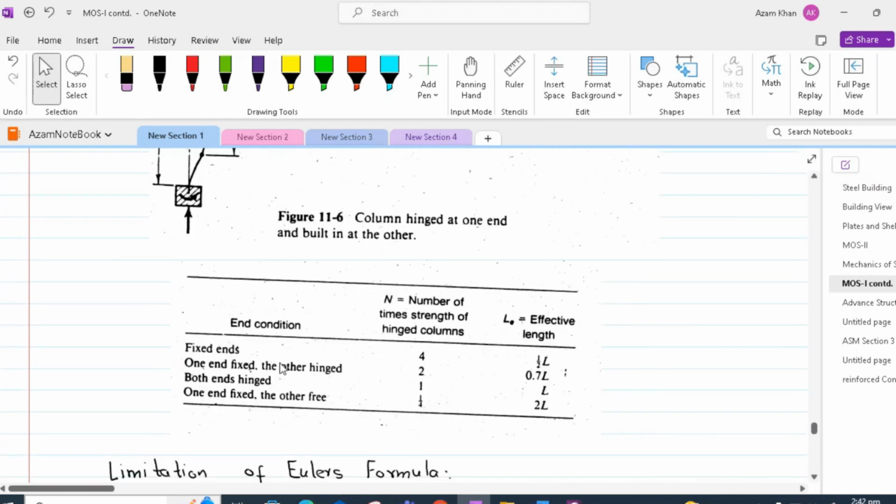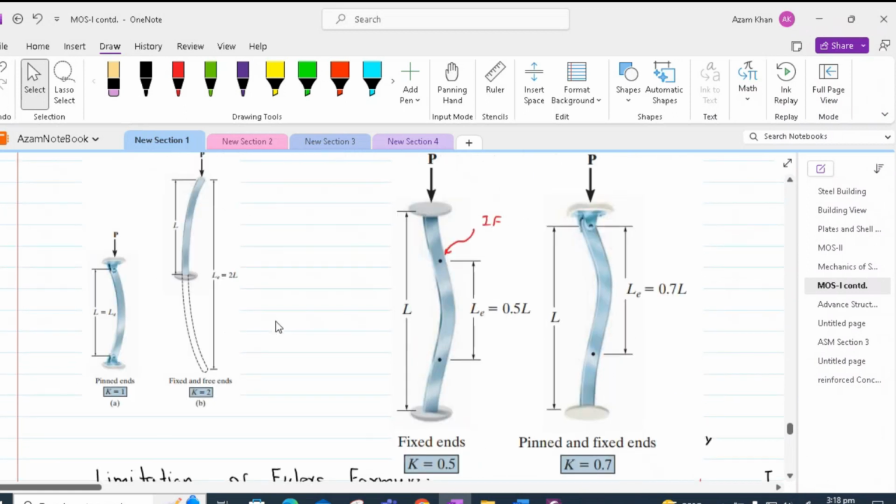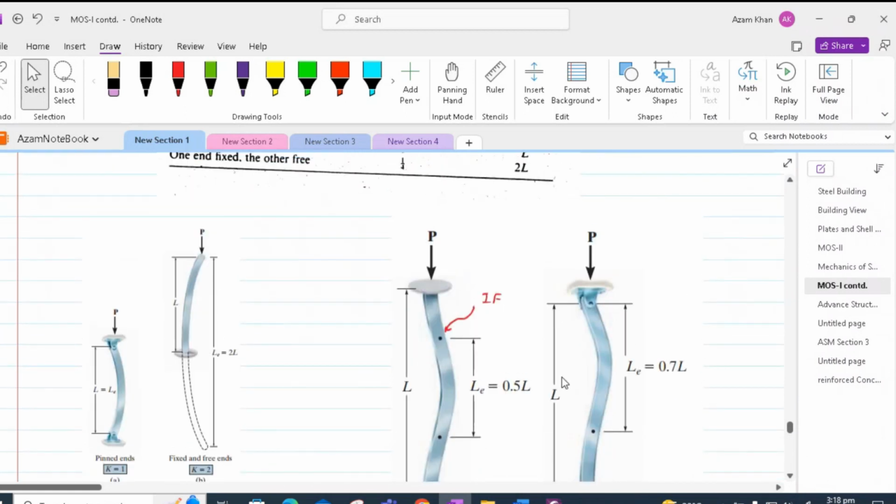So in the case of both ends hinged, our effective length is L. In the case of fixed ends, our effective length becomes 0.5 L. In case of one end fixed and the other hinged, our effective length becomes 0.7 L. And finally, when one end is fixed and the other is free, our effective length becomes 2L. The effective lengths are also shown pictorially in these figures.